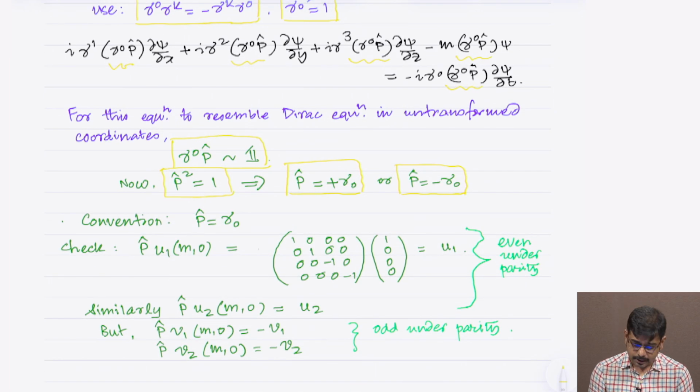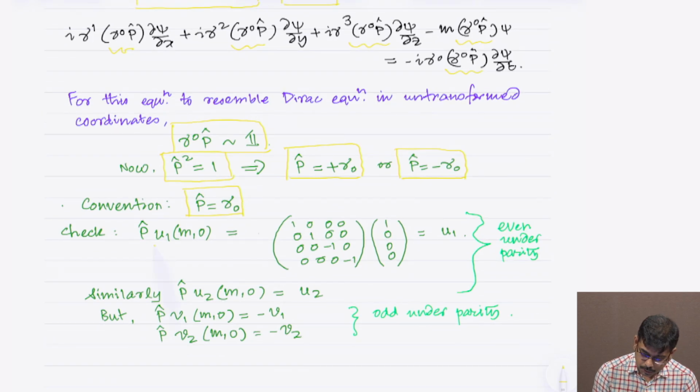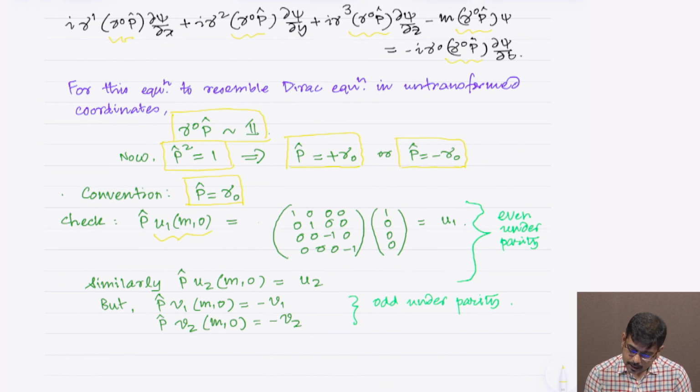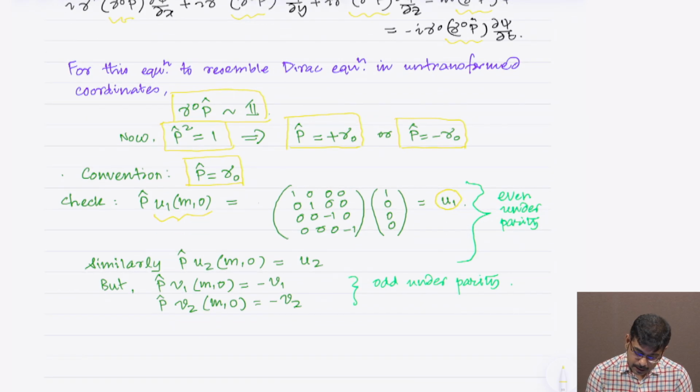Usually, the convention is to set P equal to gamma 0, because if you act with this parity operator on u1 at rest, u1 of m 0, you get u1, and when you operate on u2 of m 0, you get u2.